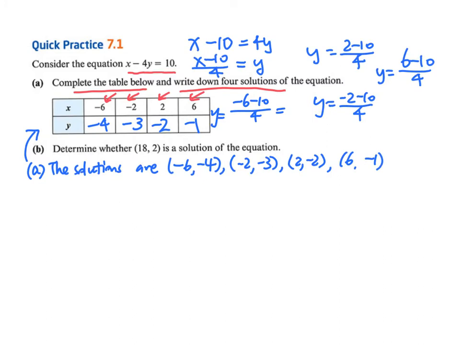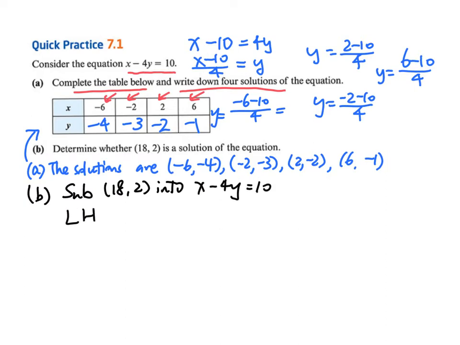So part B, determine whether 18, 2 is a solution. Once again, the question asks you to determine whether it is a solution, so you do not confirm whether it is or it is not. In this case, you have to separate the left hand side and right hand side.